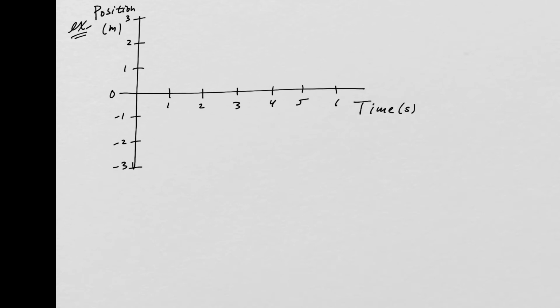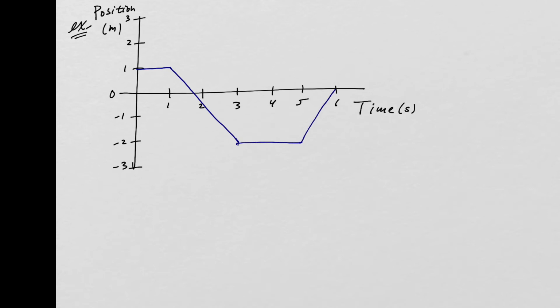And let's say the graph does this. Say it's constant at 1, then at 3 it's -2. Then let's say it's constant at -2 for 2 seconds, and then it goes to 0 at 6.